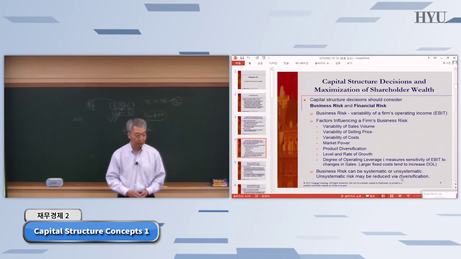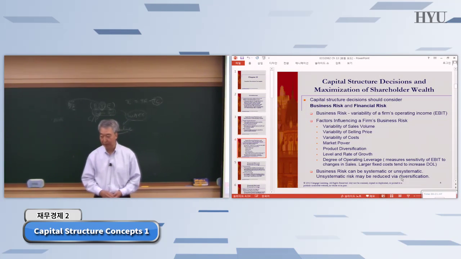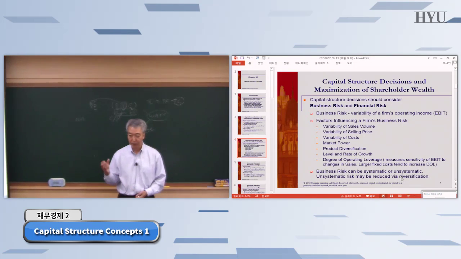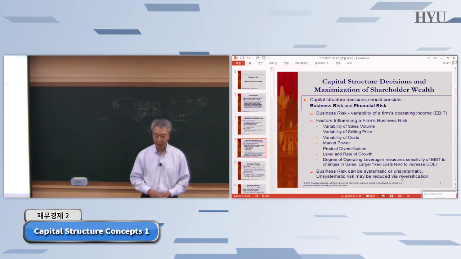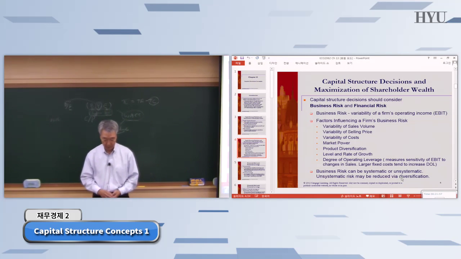If you are a small company in the market, you have only 1% of the market, then depending on what the large companies do, your income will be strongly, significantly impacted.